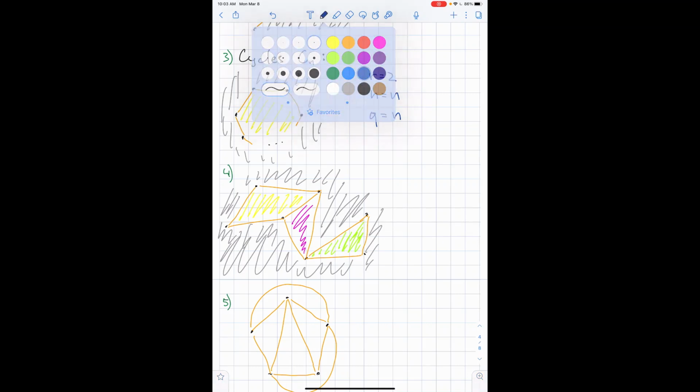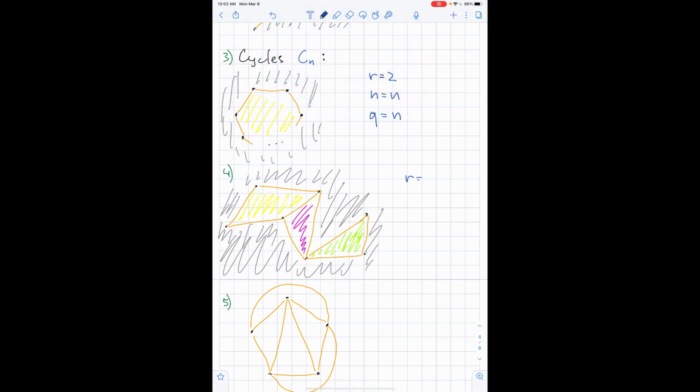So we can write that the number of regions here is 4. I can count the vertices, 1, 2, 3, 4, 5, 6, 7, and the number of edges is 1, 2, 3, 4, 5, 6, 7, 8, 9.